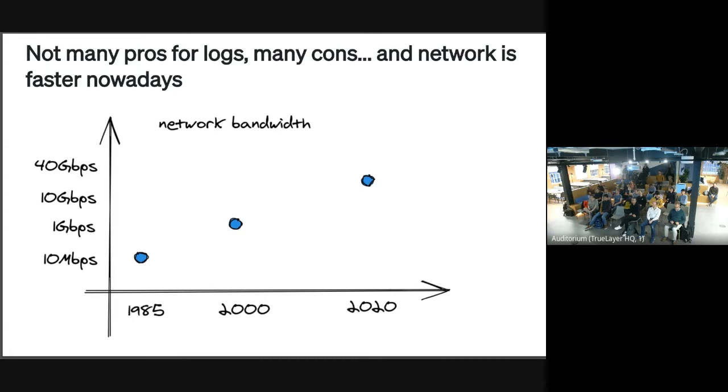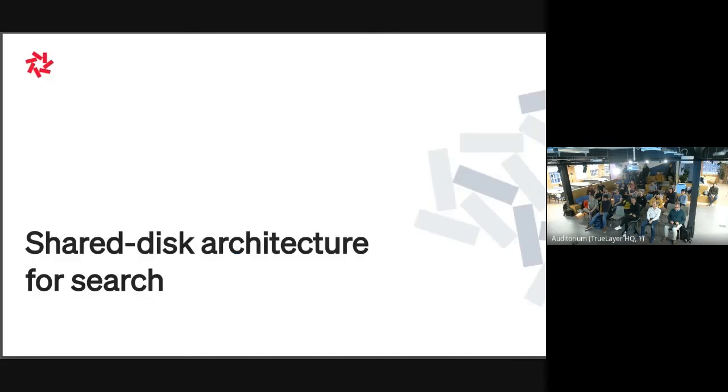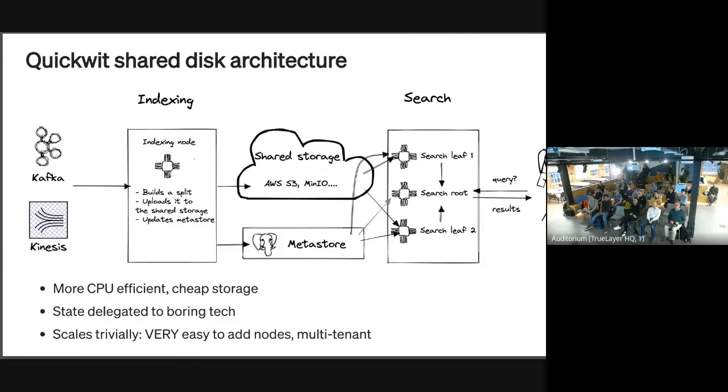So that's huge. And so once you know that, you may think that we can change the architecture. And so spoiler, we are doing shared disk architecture for search, and I will explain how we did that because it comes with some issues.